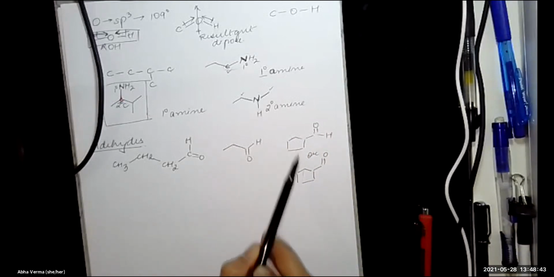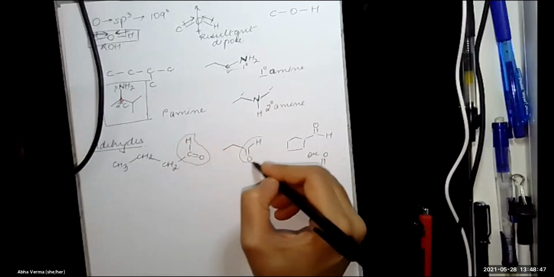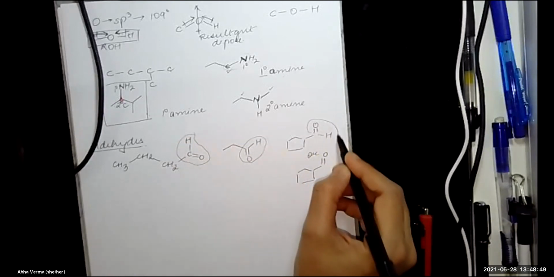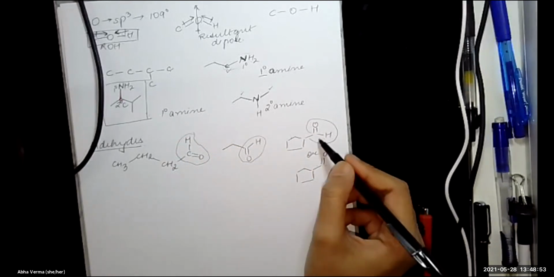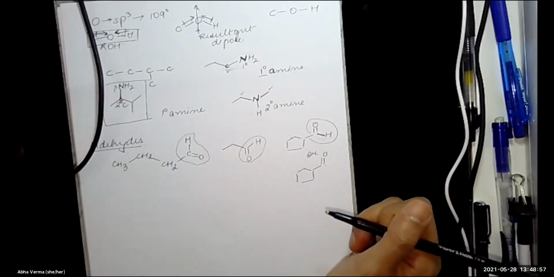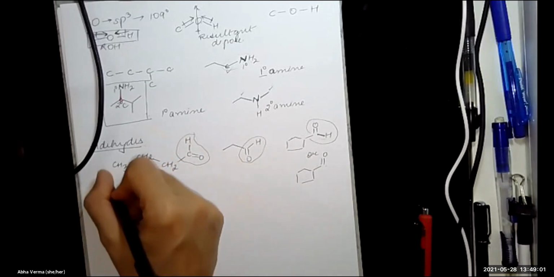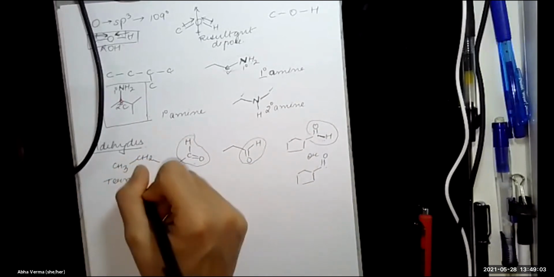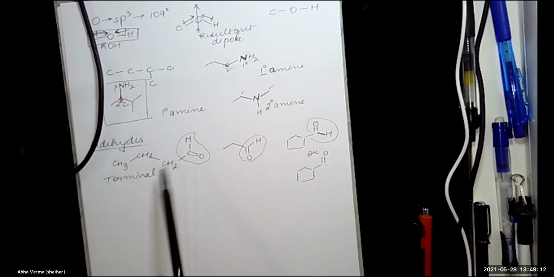If you look at all of these drawings, all of them have the aldehyde in it. So this and this and this are exactly the same. I just did not write the hydrogen here. So the aldehyde is always a terminal functional group. What does that mean? No matter how bulky or big a group is, your aldehyde would always be at the end of the structure.